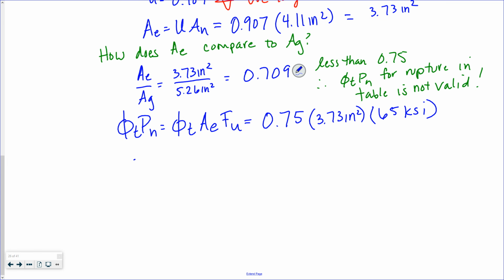So for rupture, my tensile strength is, I hope that's right, actually greater than my 180, so that's good.